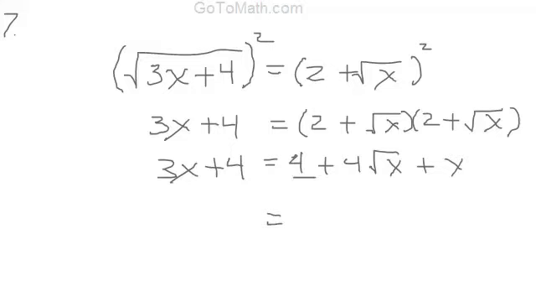Alright, let's go ahead and get this 4 and x over here to the left hand side. So we have 3x minus x plus 4, and then bringing this 4 over, you get minus 4. Alright, and so we're left with 4 times the square root of x over here on the right hand side.